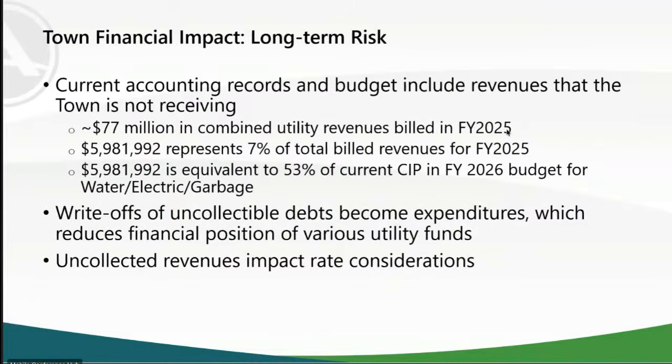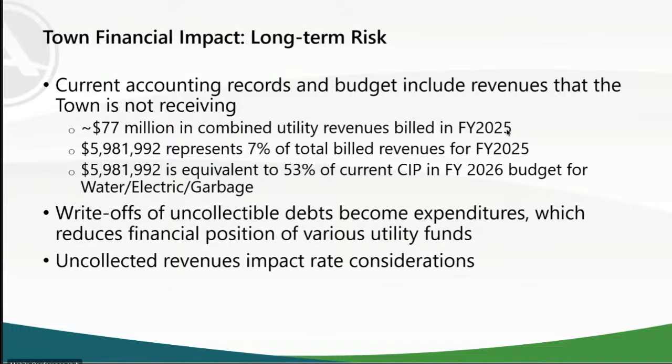Talking now about the townwide financial impact, the way this works is we are issuing these bills and recording this revenue. It's kind of a mathematical in-between between your fund balances and your cash running. To give you some context, about $77 million was your total combined utility revenue across all of fiscal 2025.